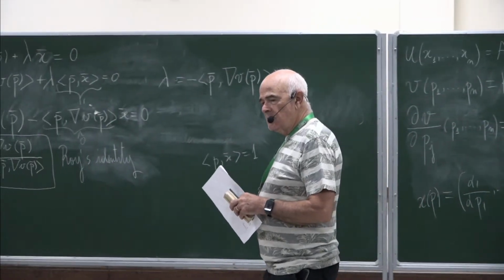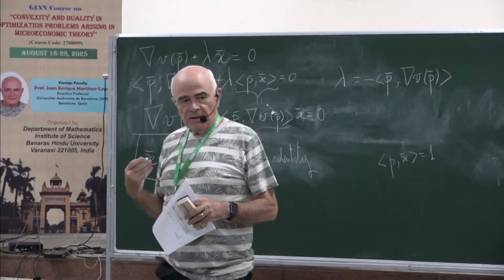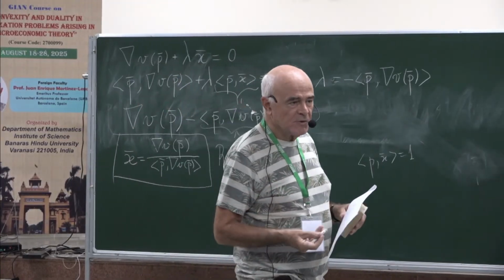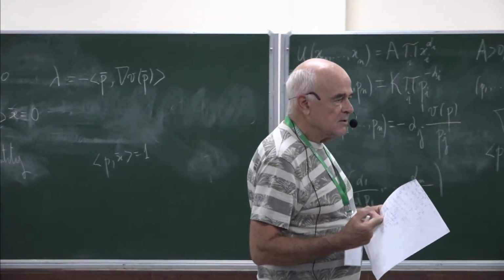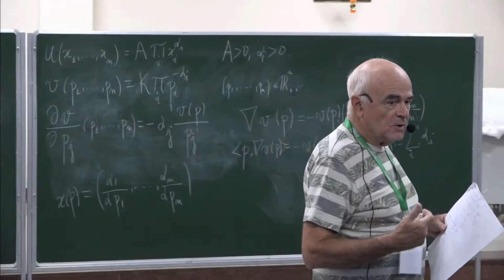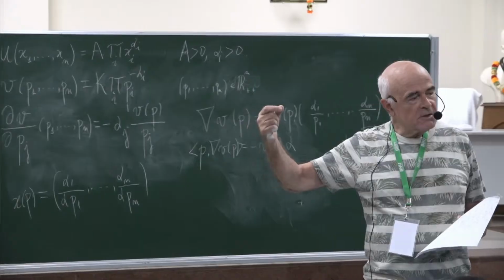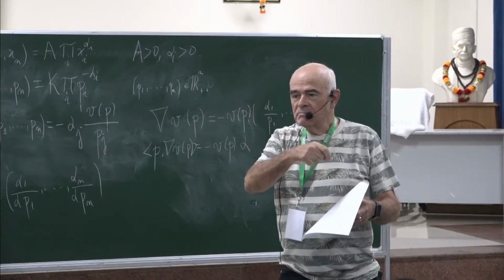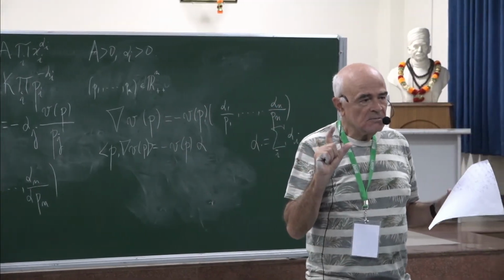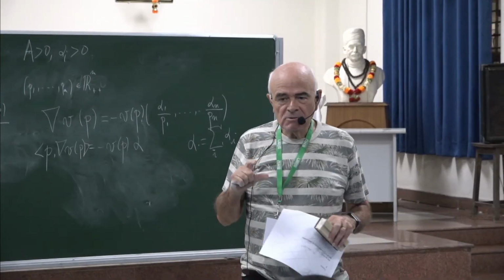Also, what amazed me when I first got in touch with economists is that whenever you talk to them with some mathematical economics problem, the first thing they do is a drawing. And from that drawing, they try to deduce everything.